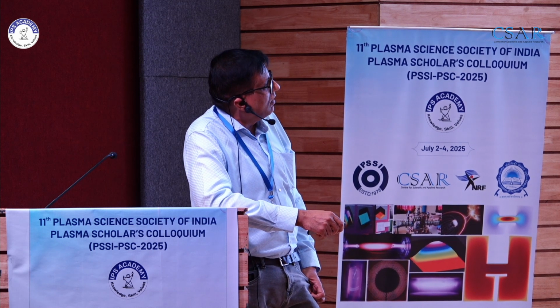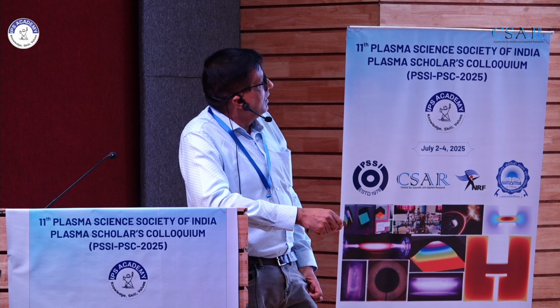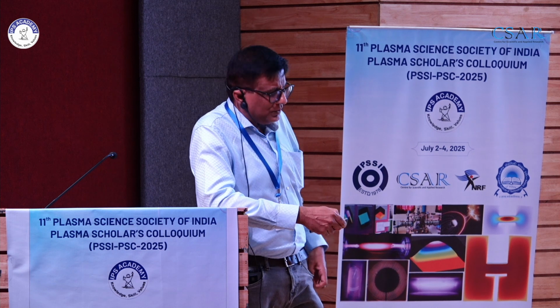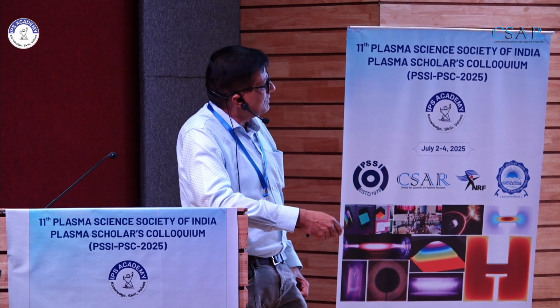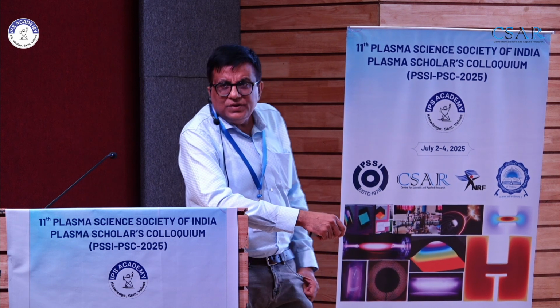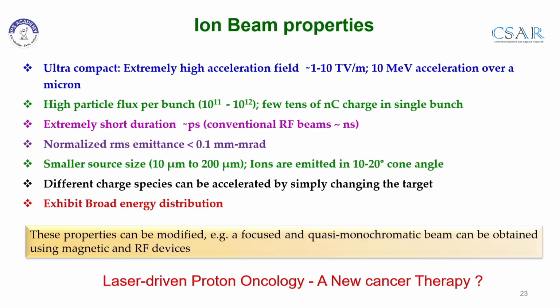Charge is of the order of nanocoulomb, and this source is generated by ultra-short laser pulses, and the sheath field exists for a duration of the order of a few picoseconds. So the duration is extremely short. Compared with conventional RF beams, which are of nanosecond duration, this is an ultra-short-duration source, and the emittance is also less than 0.1 mm mrad, and the size is small.